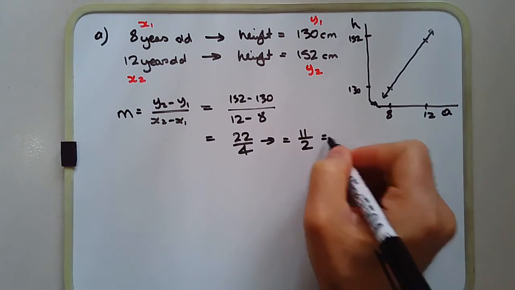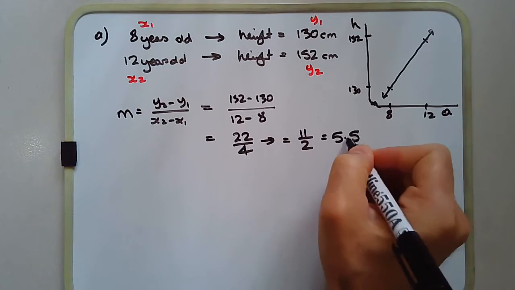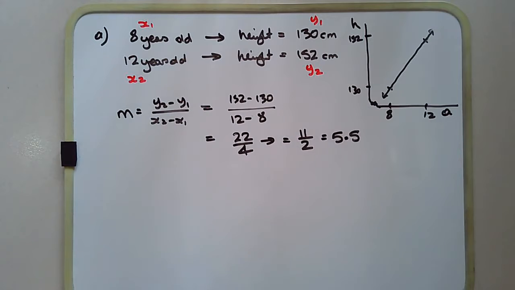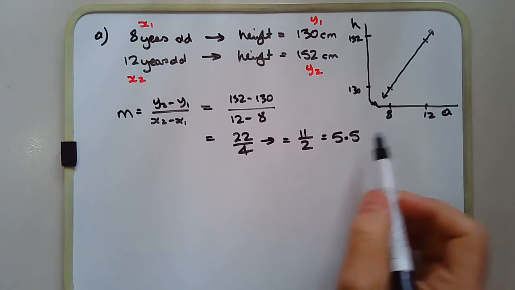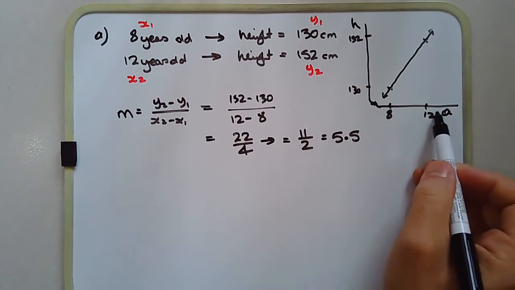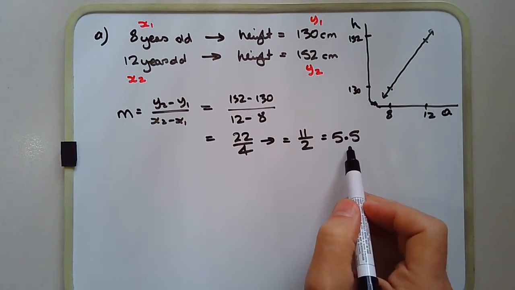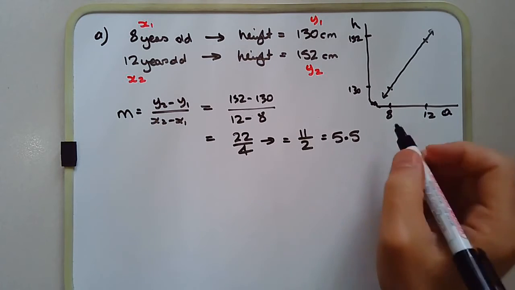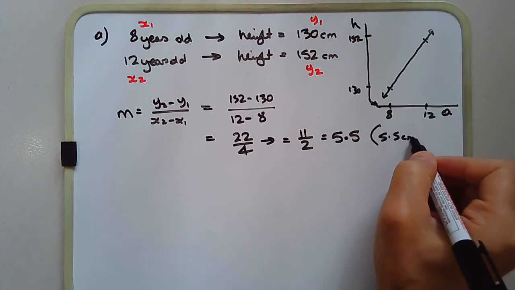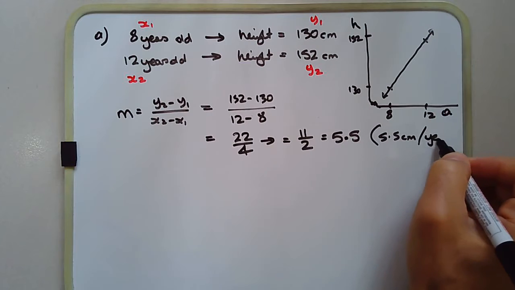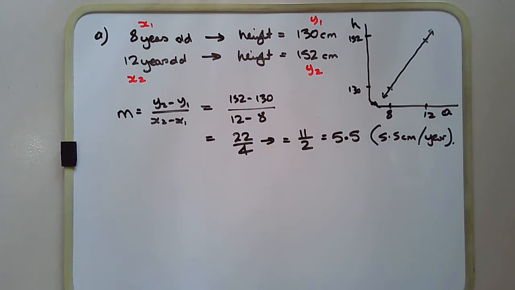I'll express the gradient in decimal. So what does this mean? This means that at least between the ages of 8 and 12, this person was growing at a rate of 5.5 centimeters per year. And that's what the gradient represents.